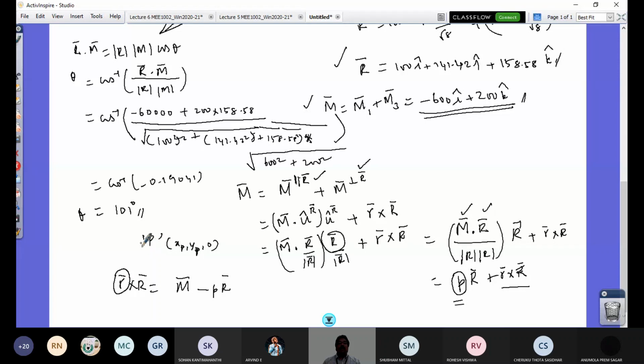The point P is a new point I replace, so that this component can be eliminated, and there would only be the system of collinear force and couple, called a wrench. To get that, I consider this xp, yp point from point B. So the position vector R should be here, RBP. So RBP cross R vector is what I could get here.